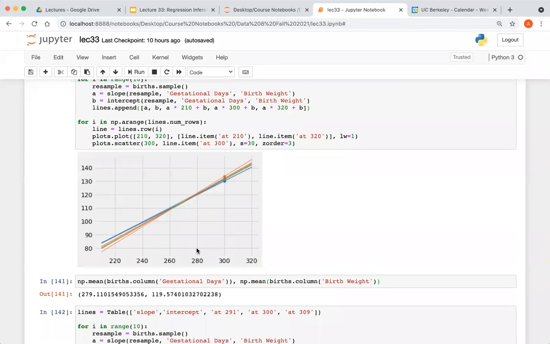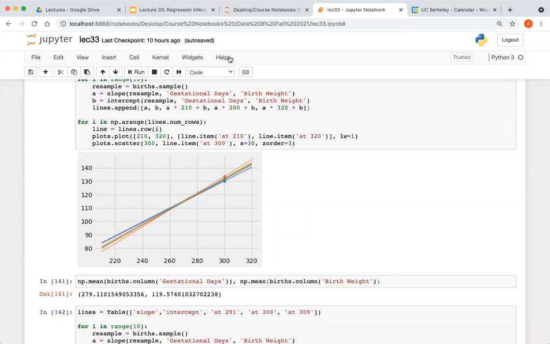Would the spread be the same as for 300 or smaller? Smaller, because this is where the lines are all coming together. The thing to keep in mind is that the variability of your prediction depends on how far your X value is from the average. The closer it is to the average, the tighter your predictions are going to be. The further it is from the average, the more variable your predictions are going to be.